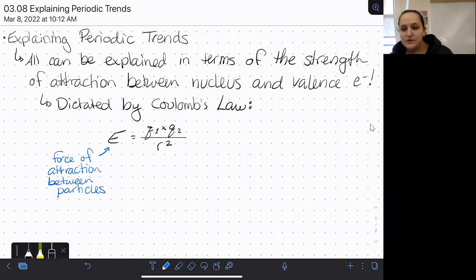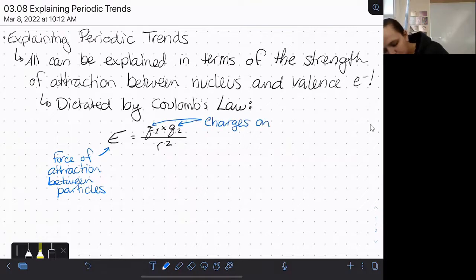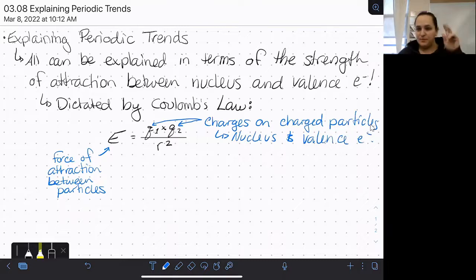Q represents charge, so Q1 and Q2 are the charges on charged particles. For us, that is the nucleus and the valence electrons, the particles that we're thinking about here.